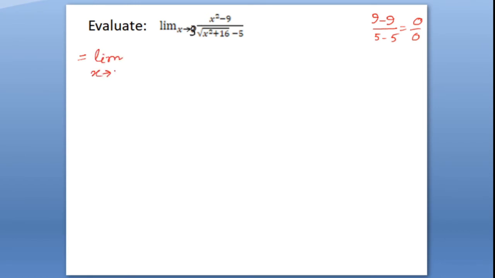Limit x tends to 3, we will rationalize first.